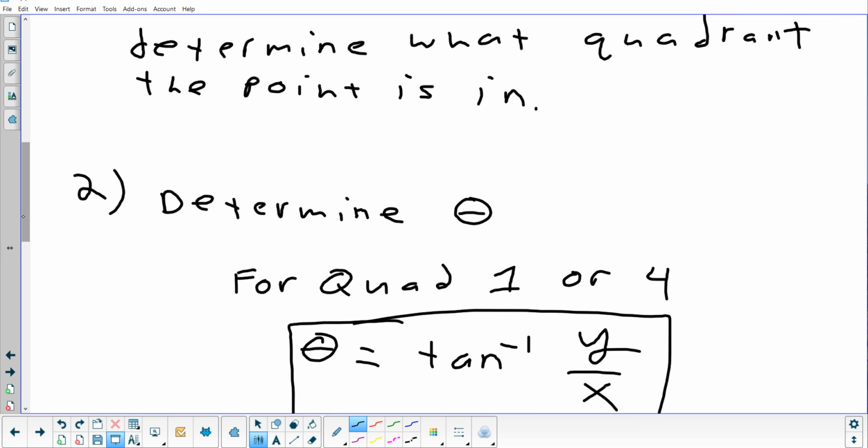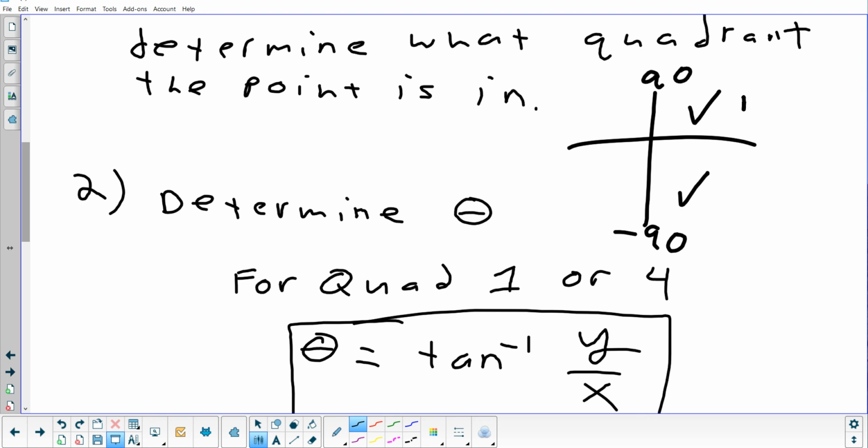The problem with just using inverse tangent, if you remember when we studied it maybe 2 chapters ago, is that inverse tangent only gives you an answer between -90 and 90. That means you're either here or here. This is quadrant 1, this is quadrant 4. Inverse tangent will never give you an answer in the other 2 quadrants.